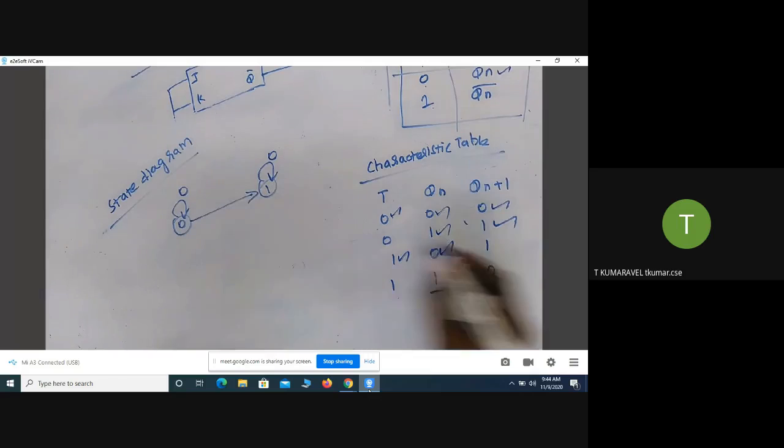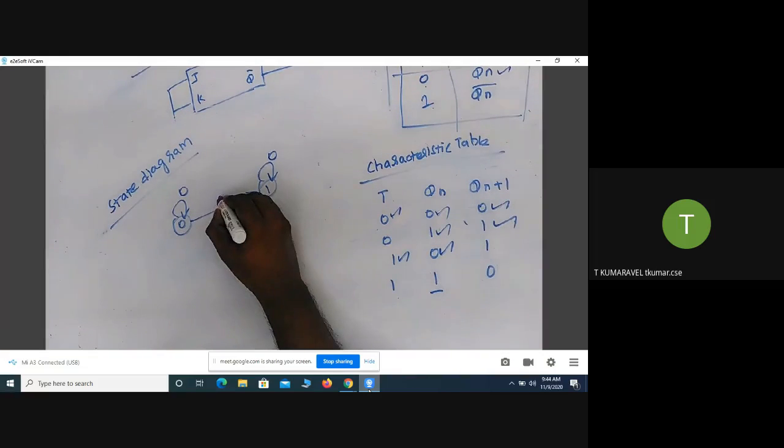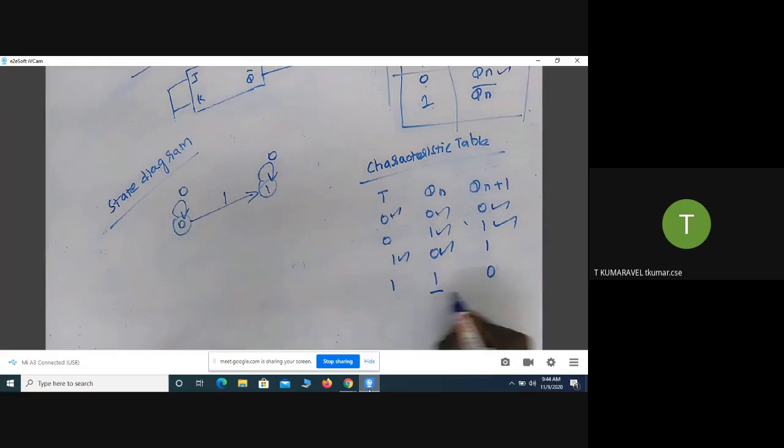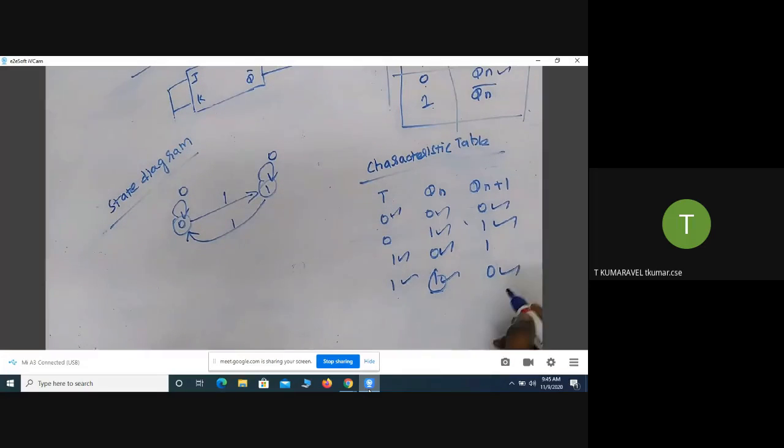The state changes from 0 to 1. The input combination is 1. What about the last combination? I am in the 1 state and I consume 1. The state changes from 1 to 0. That is called the state diagram for the T flip-flop.